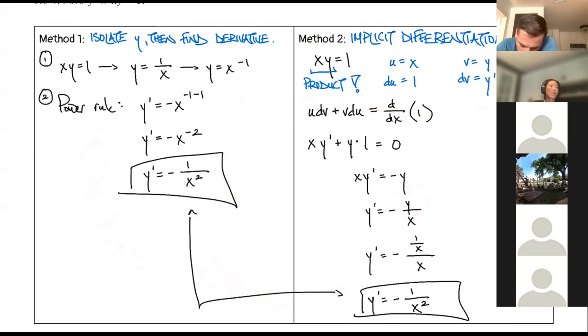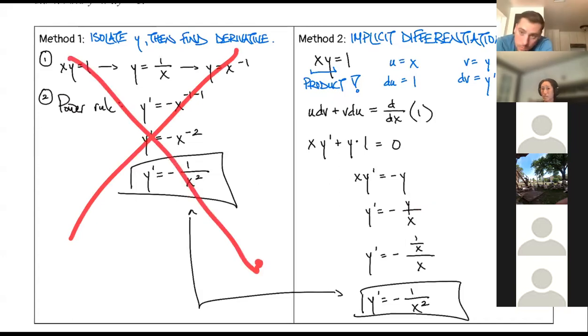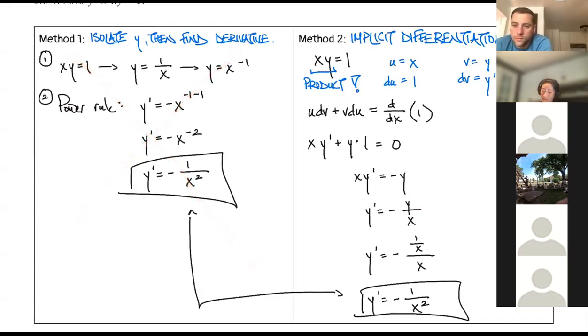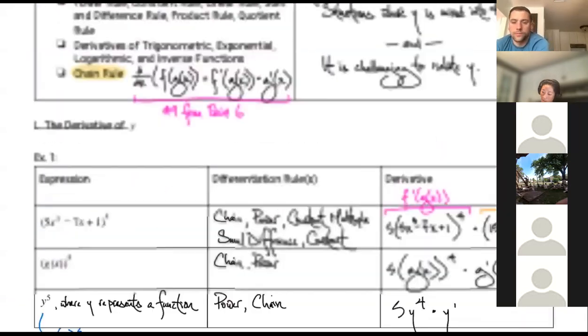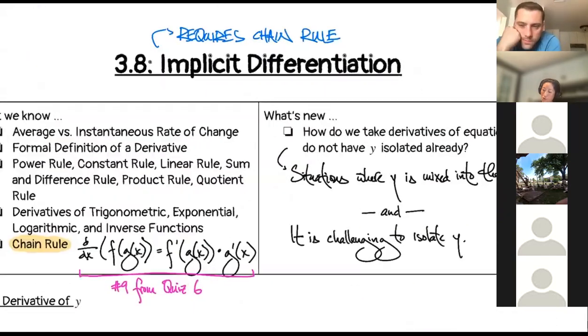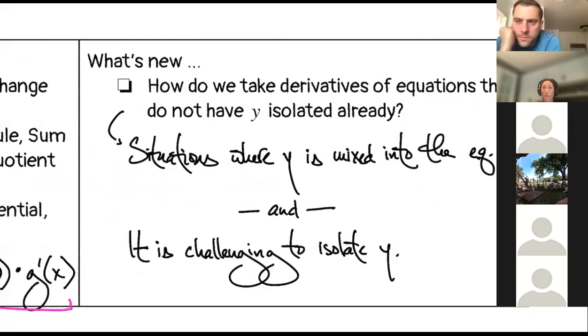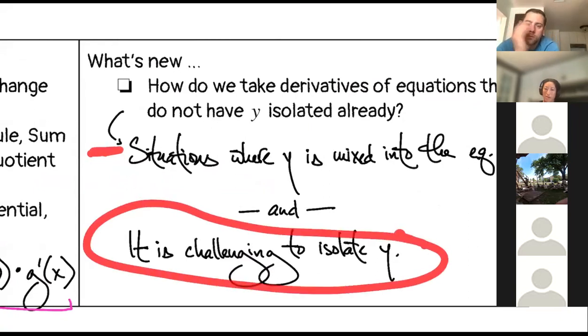And we're going to see very quickly, as soon as we come back from break, that this method is not always possible. And in fact, if we go back up to the top, where we had two clues for when we're going to use implicit, x's and y's are mixed up together, but this second part is really why we need to use implicit differentiation.